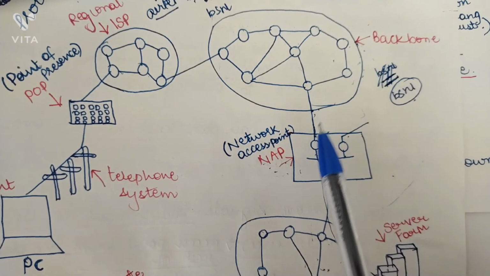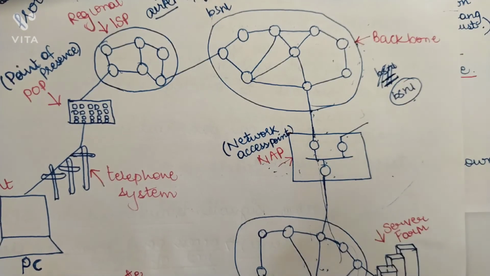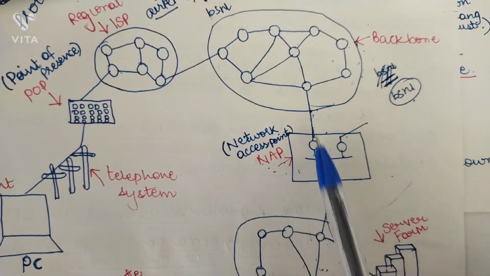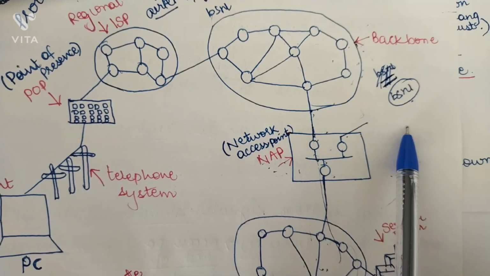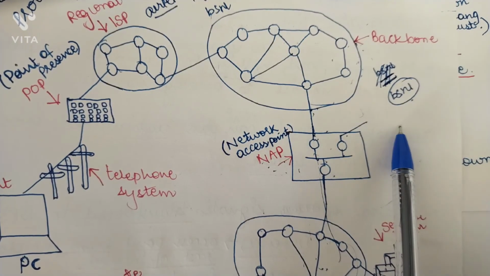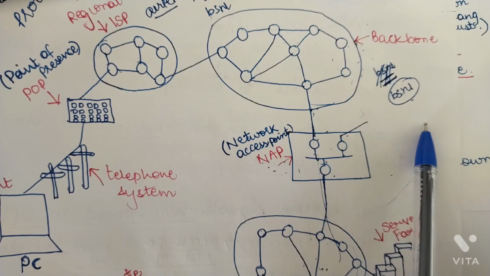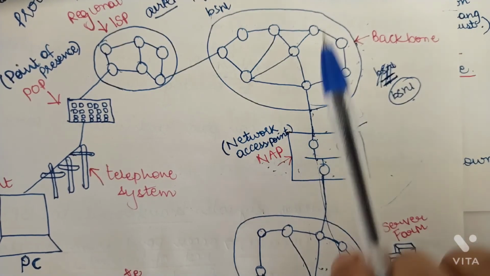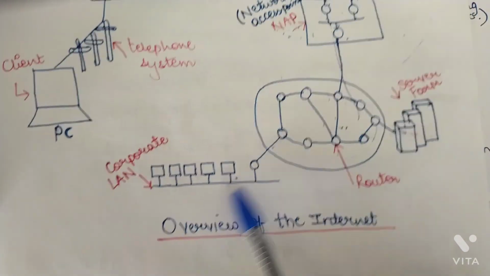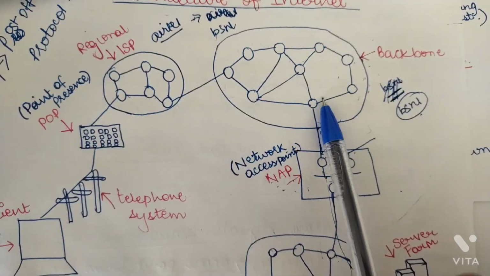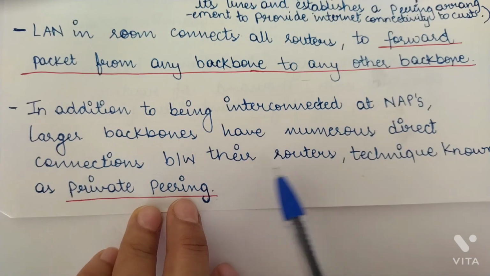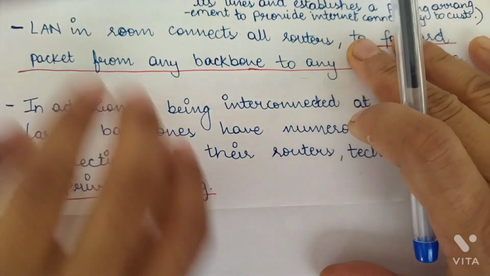So in any case, they are handed over either from the router to the backbone and then directly to the host, or from the backbone to the network access point and then to the backbone which is servicing the internet service provider to whose host you want to send the packet. So this technique, from the LAN to the router to the backbone, this technique of having numerous direct connections between routers is known as private peering.